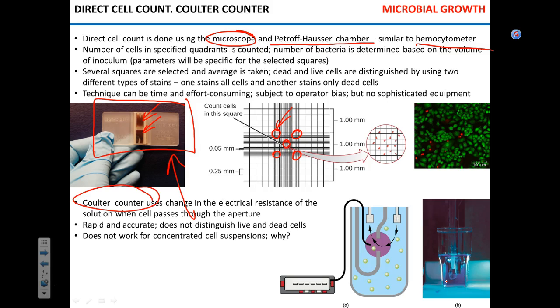In order to avoid that bias, in order to automate cell counting, the Coulter counter was developed. So the Coulter counter uses quite an elegant principle for counting cells.